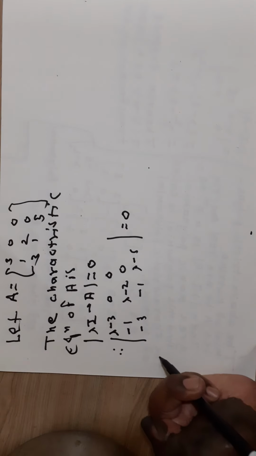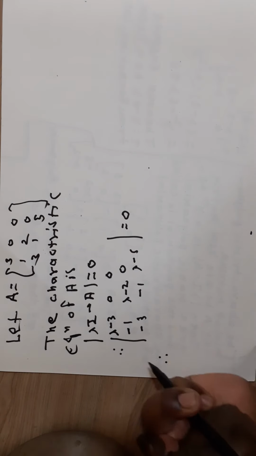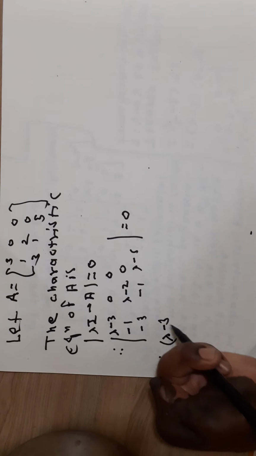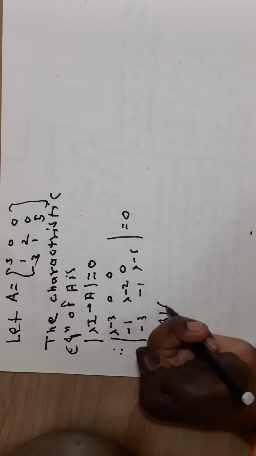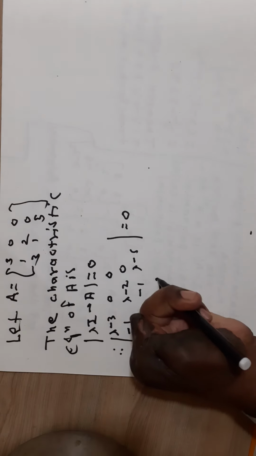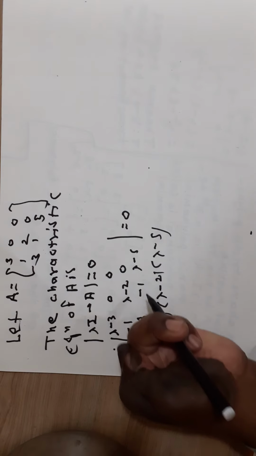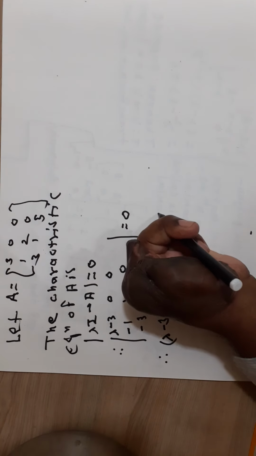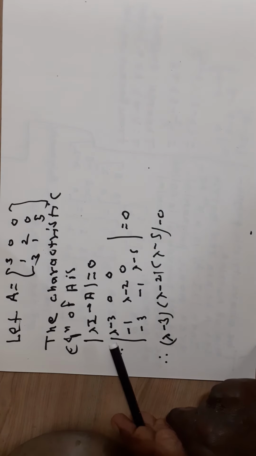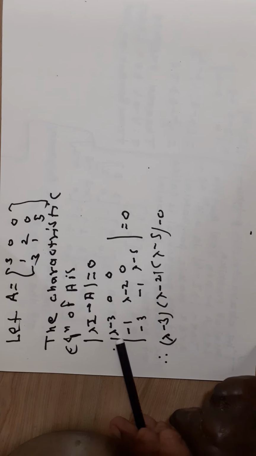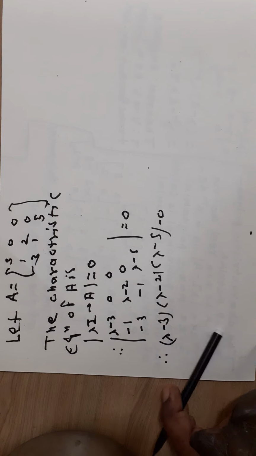On expanding we get lambda minus 3 into lambda minus 2 into lambda minus 5, minus 0, minus 0. To expand the determinant, we consider the first entry of the first row and first column, multiplied by its minor.